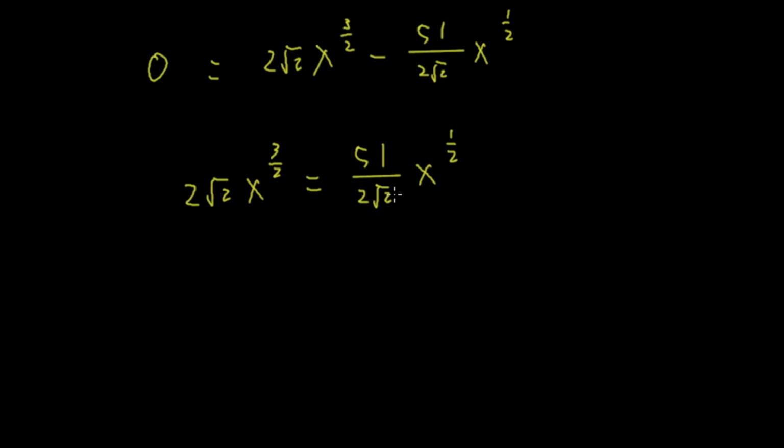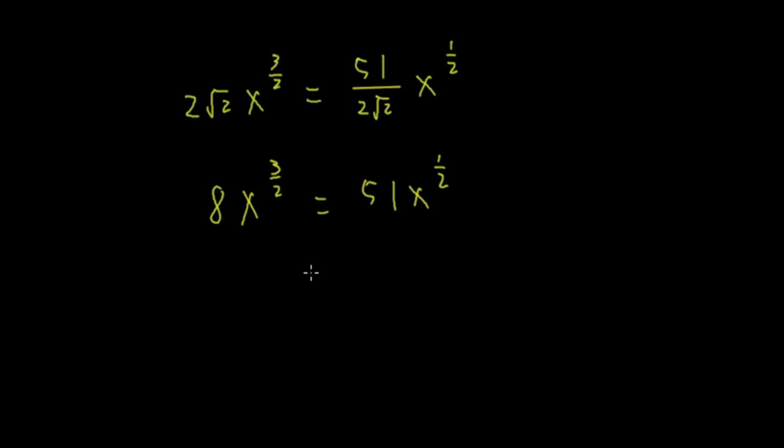So that we can remove the denominator here. Then this times square root of 2 is 8. x to the power 3 over 2 is equal to 51 times x to the power of 1 over 2. Now, divide both sides by x to the power of 1 over 2. It's like this.